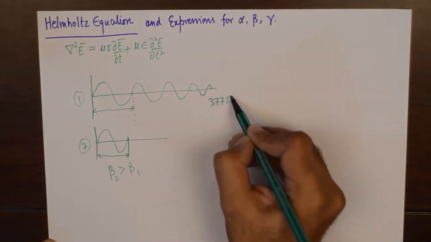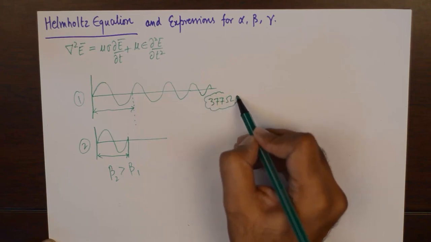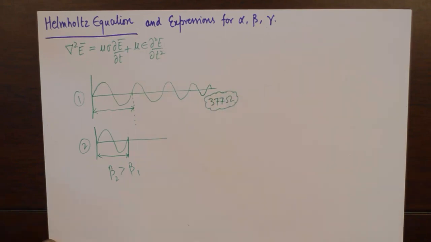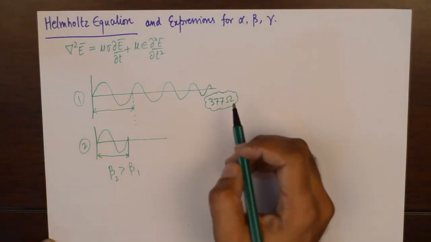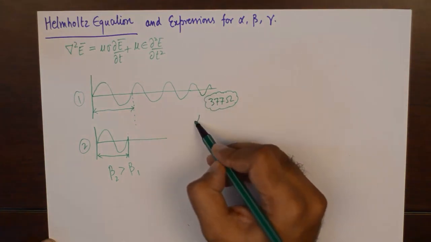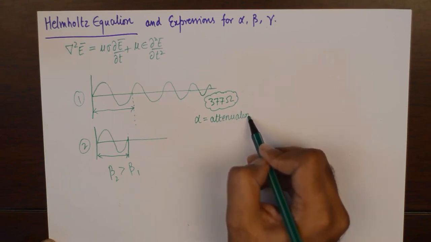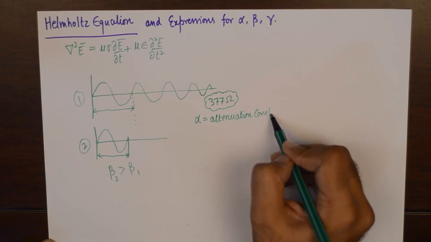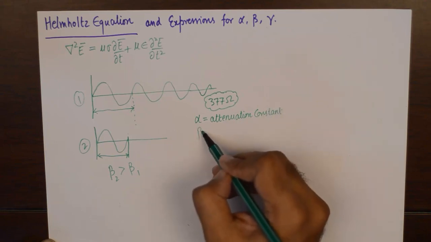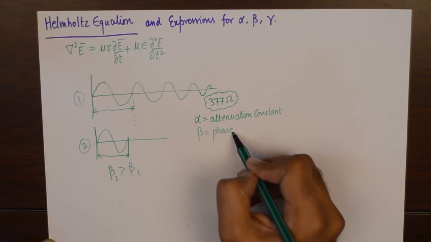So this much amount of resistance is being offered to a propagating wave. So the wave is bound to eventually die at some point in time. But how quickly the wave is going to die is dependent upon a factor which is known as alpha, which is known as attenuation factor. Beta is known as phase constant.